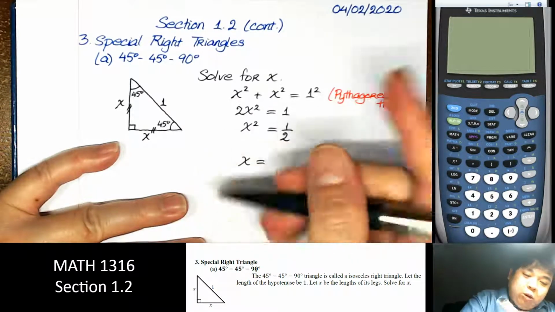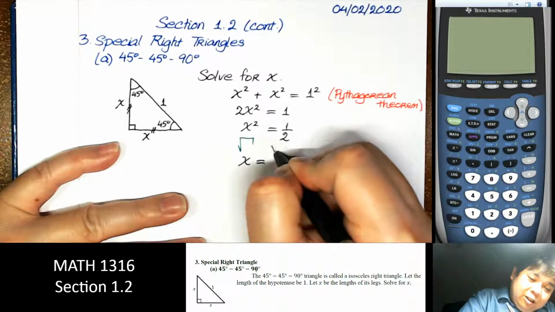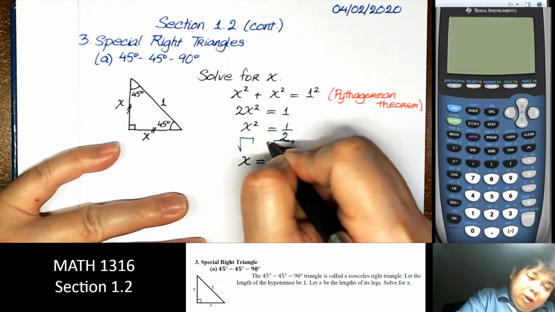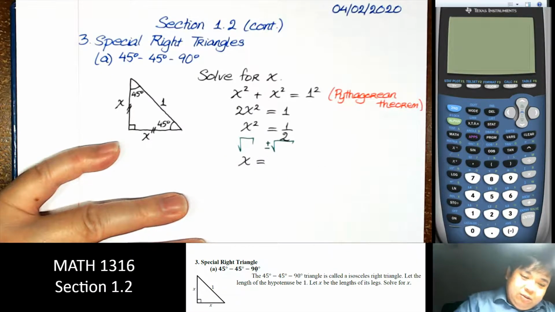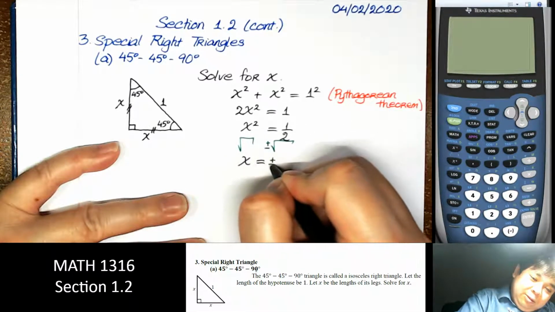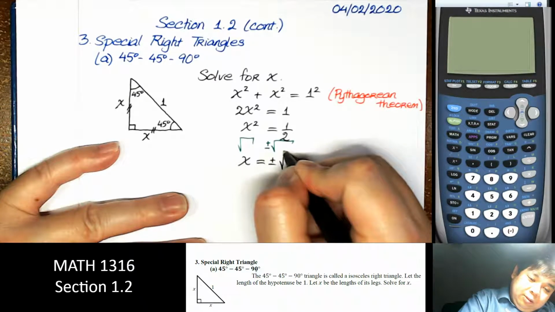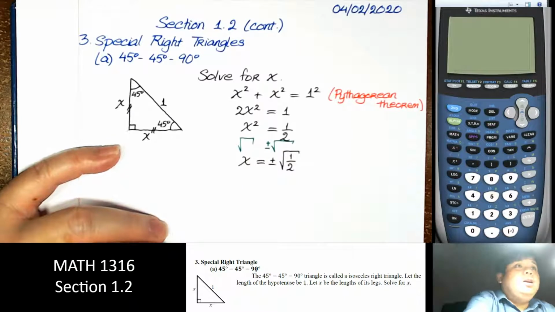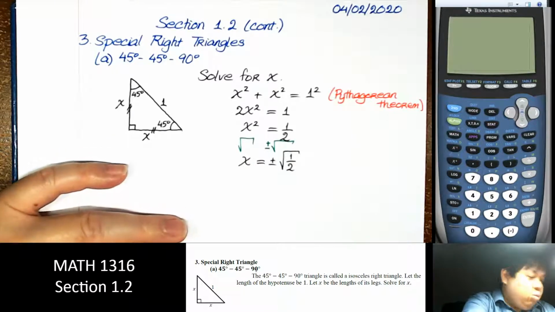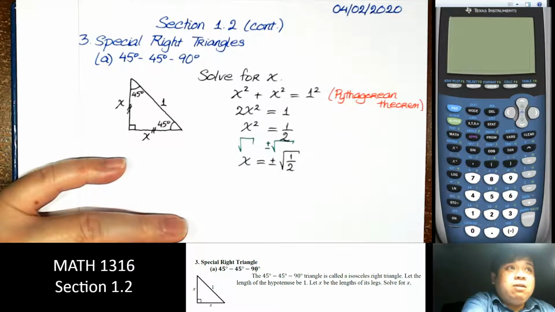When we take the square root on both sides, we have to put plus or minus on one side of the equation. So that is plus or minus the square root of 1 half.